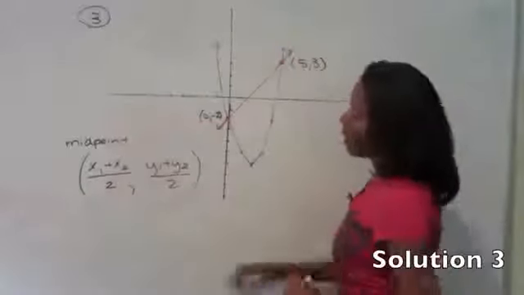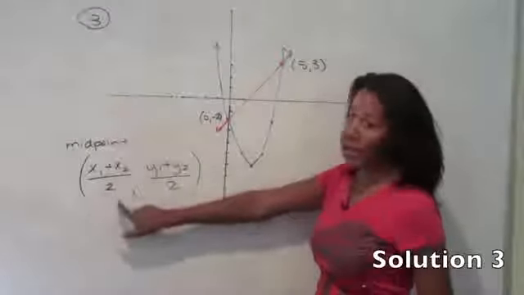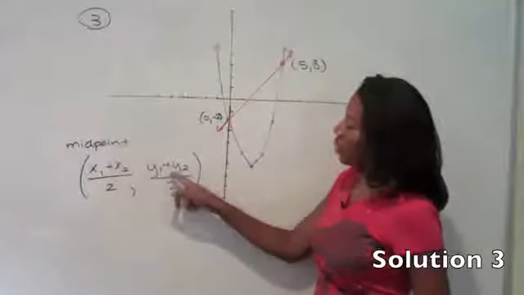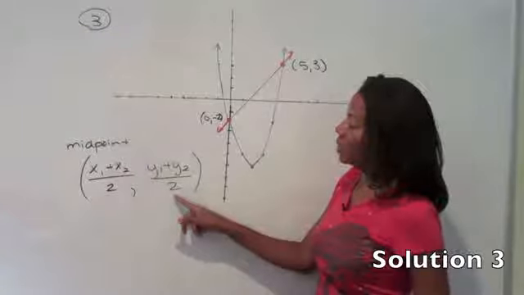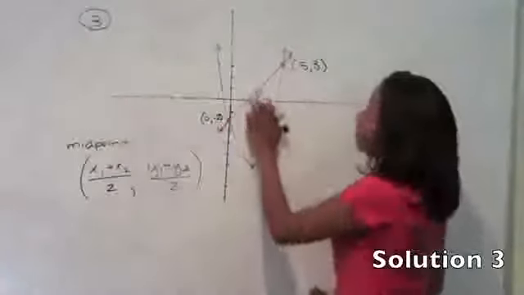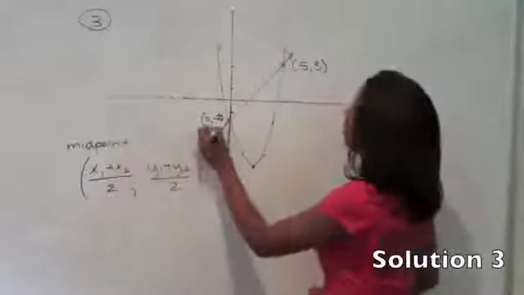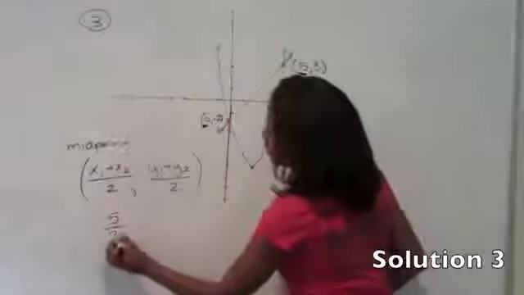Okay? Now, the formula for midpoint is just the average of your x-coordinates for your new x-coordinate and the average of your y-coordinates to get the y-coordinate of your midpoint. Okay, so the midpoint should be somewhere in here. X1 plus x2 is 0 plus 5, which is just 5, divided by 2.